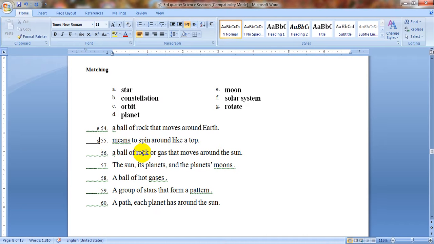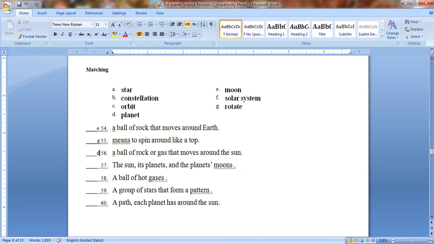56. A ball of rock or gas that moves around the sun. What moves around the sun? You cannot say it's Earth because Earth is just one of 8 planets moving around the sun. So the answer here will be letter D. A planet is a ball of rock or gas that moves around the sun.